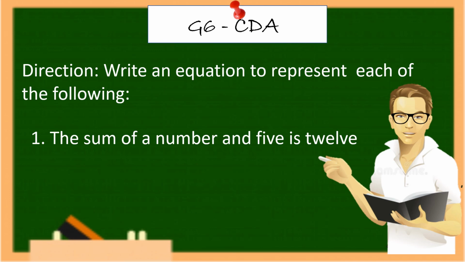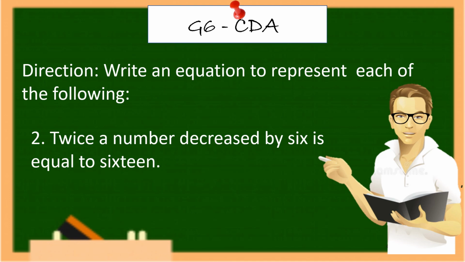Direction. Write an equation to represent each of the following. Number 1. The sum of a number and 5 is 12. How are you going to write? S plus 5 is equal to 12. Number 2. Twice a number decreased by 6 is equal to 16.